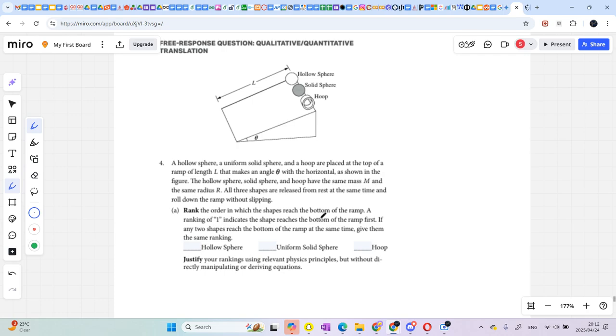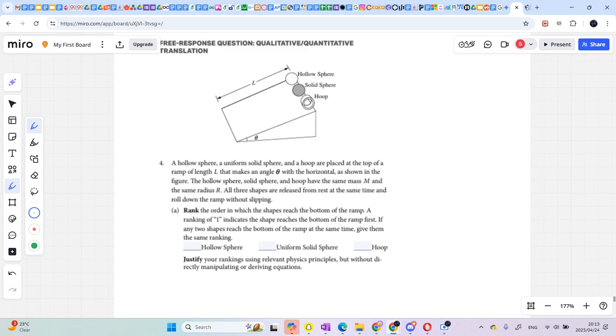So even though you're using physics intuition, at the core, you're still going to derive from mathematics. Now, for some questions, you're going to be asked not to use equations. So in this case, you're going to have to use conceptual physics ideas. For example, with this question, we're being asked how long it takes for each of these objects to travel.